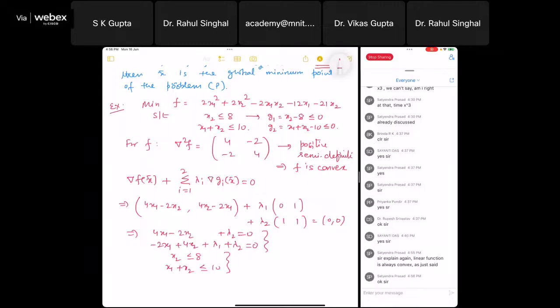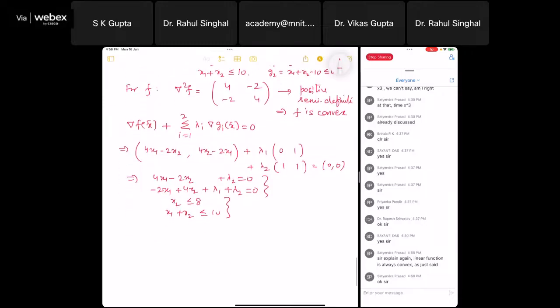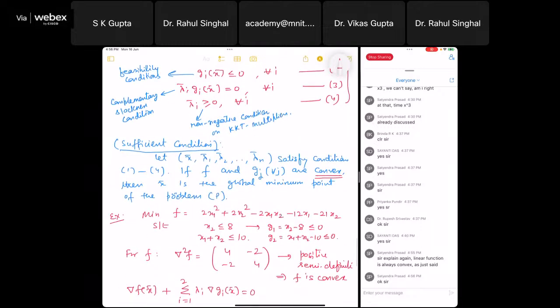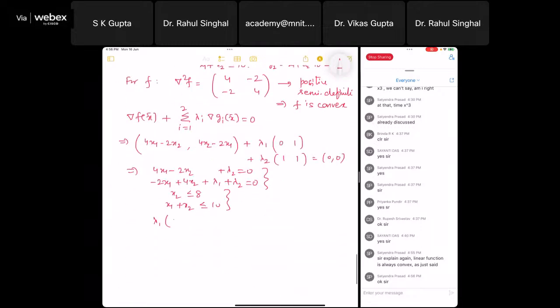What is the complementary slackness condition? That lambda i times gi equal to 0. So lambda 1 times x2 minus 8 equal to 0, and lambda 2 times x1 plus x2 minus 10 equal to 0, and lambda 1 and lambda 2 must be non-negative.